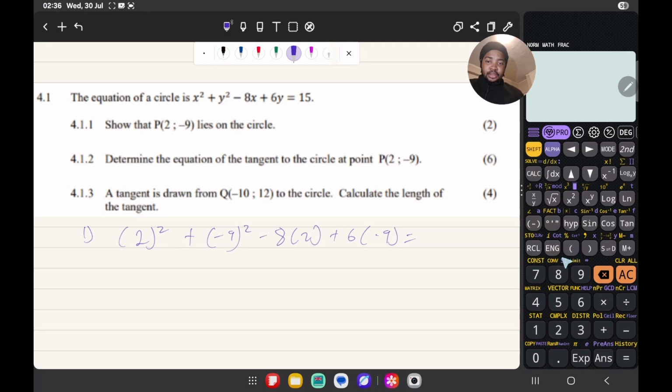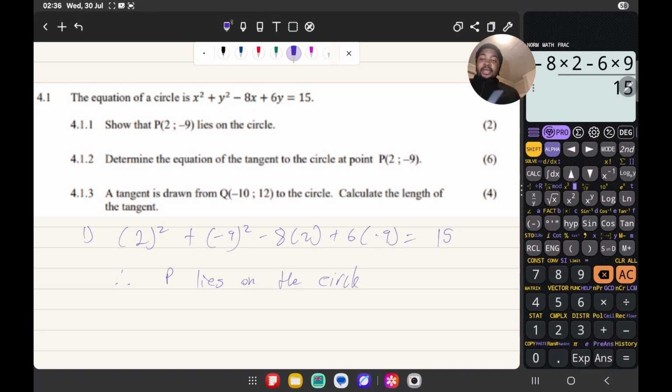We get 2 squared, which is 4, plus 9 squared, which is 81, minus 8 times 2, then minus 6 times 9. I'm getting 15. So therefore P lies on the circle.